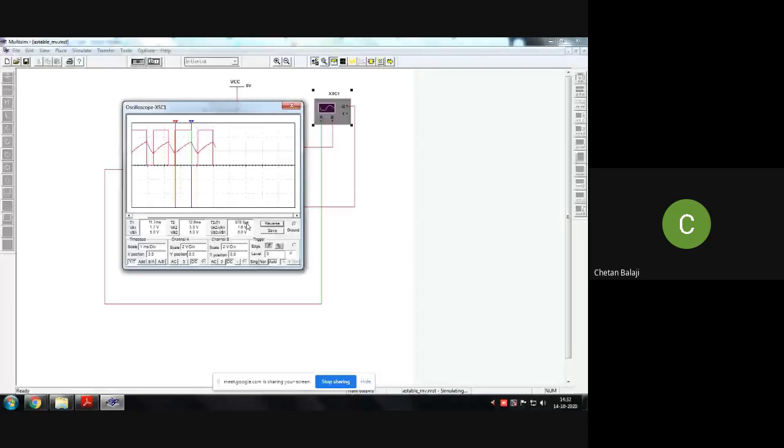I will write the measurements later. And this is your T off, which is 0.3. Write in the book: T on equals 0.9 millisecond, T off equals 0.3 millisecond.